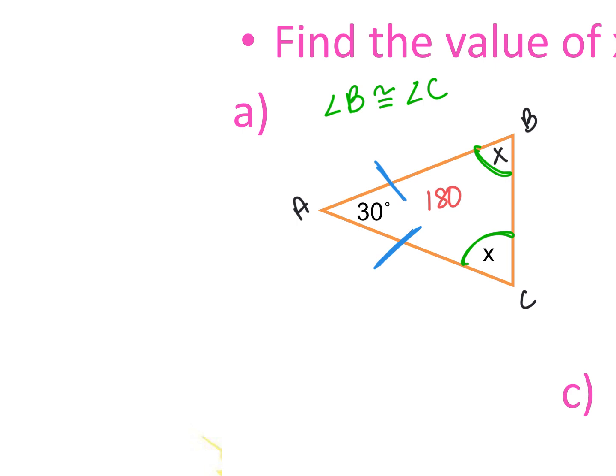The easier way, from what I've seen throughout the day, is that most students do 180 minus 30, and they get 150. That 150 means my two x's added together have to equal 150. So what would I have to do with my 150? Divide by 2.